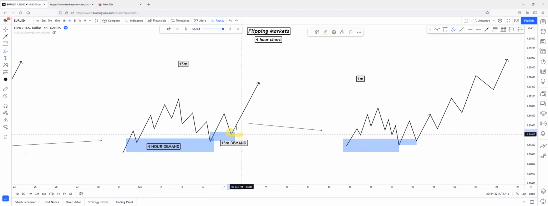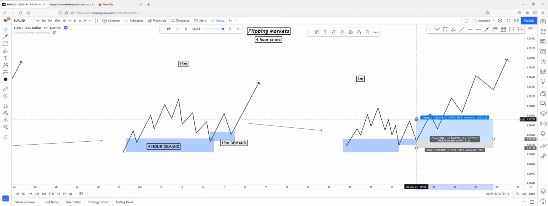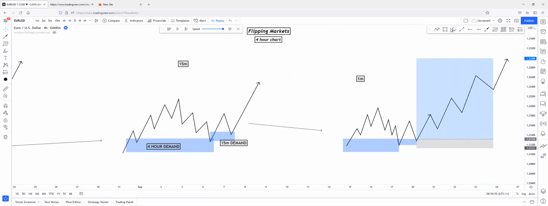After the tap of this 50-minute zone happened, price will change character on the 1 minute also. So it breaks through the last high point, change of character, and it will create a demand zone. After the change of character, you can mark your demand zone out and take a trade on this demand zone, so take a long trade. And you can write the expectational order flow, which is this one, because it's bullish in this case.